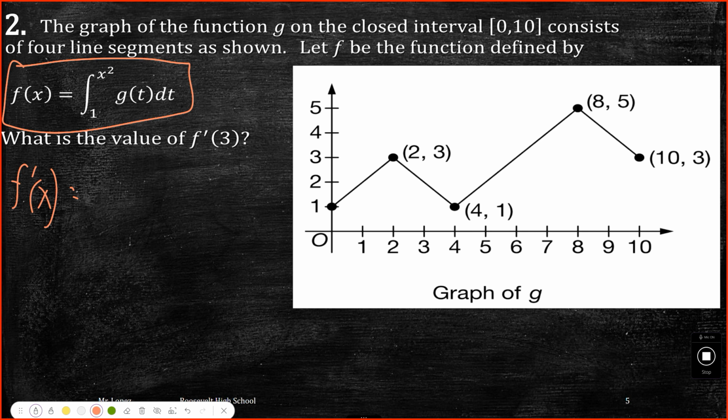g of x squared, because t is x squared, g of x squared times what? 2x. That's it, no? And just plug in f prime of 3.